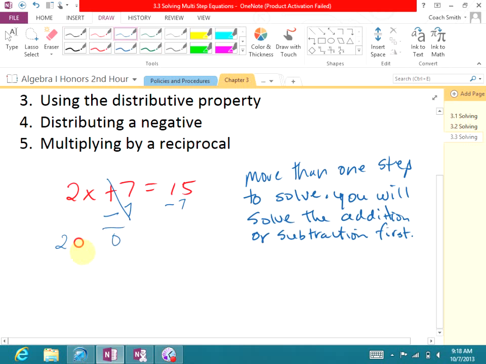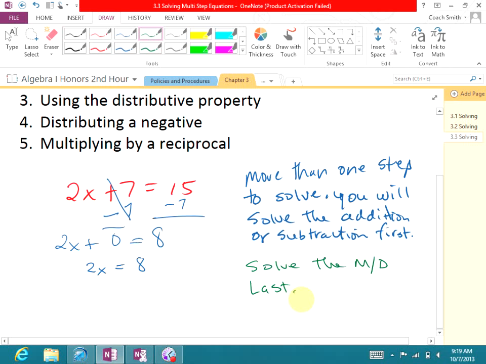So I have 2x plus 0 equal, what's 15 minus 7? 8. Okay? So that leaves me with 2x equal 8. Okay? Now, the second step, or the final step, is to solve the multiplication and division last.